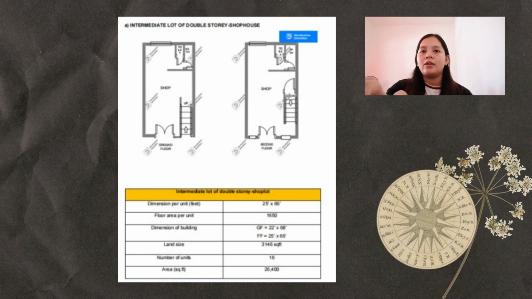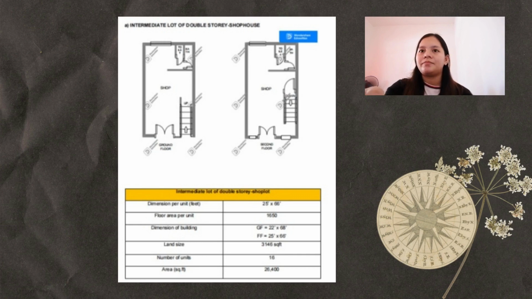Then the dimension of the building: for the ground floor, the size of the building per unit is 22 multiplied with 68.